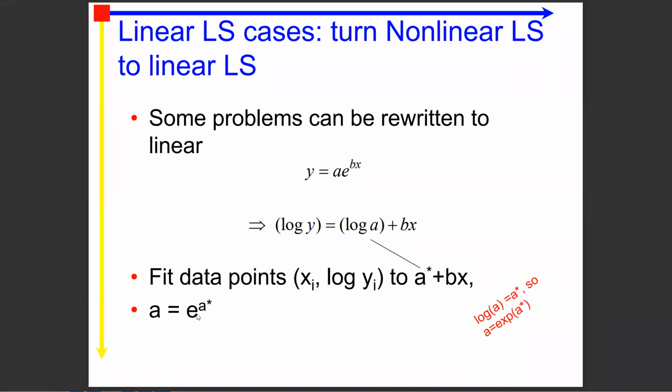Therefore, a must be equal to e to the a star. So to recover a at the end of the solution, you just write exp of a star, and you get your answer in terms of a and in terms of b. This is an interesting way to linearize and solve it, and it's a little trick you can use sometimes if you have a problem of that nature.